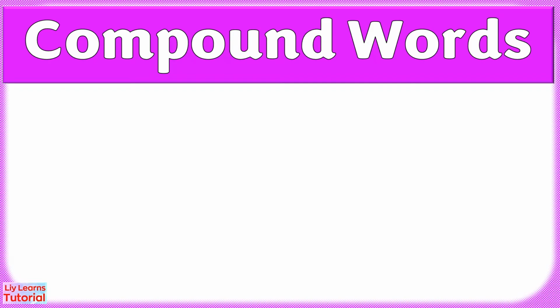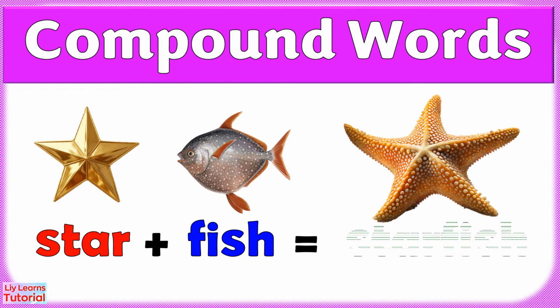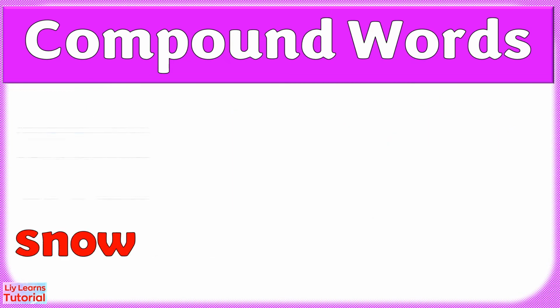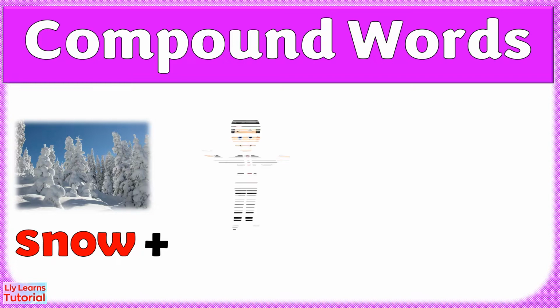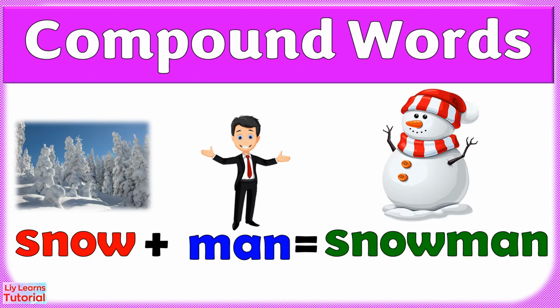Let's take another example. Star and fish. We make a new word, starfish. Snow and man makes snowman.